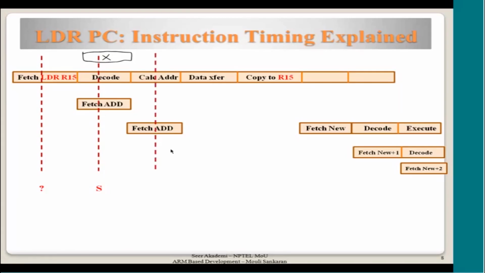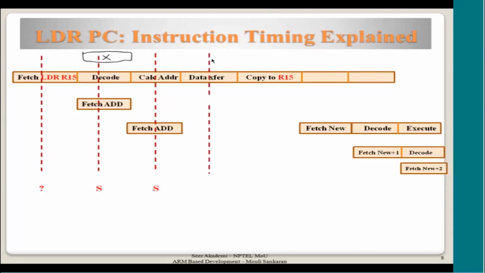Now how much time does this take? Our instruction has already entered the execute stage, and here the address offset, the 104 we were computing, is getting computed. But in parallel one more fetch can happen, so it is a sequential access.